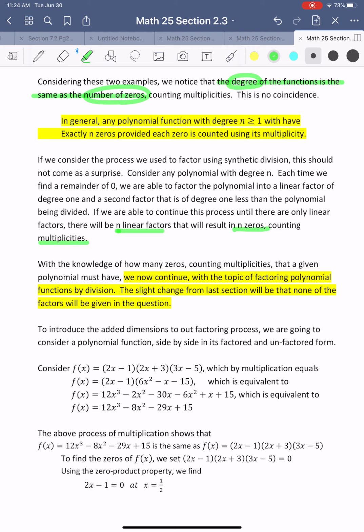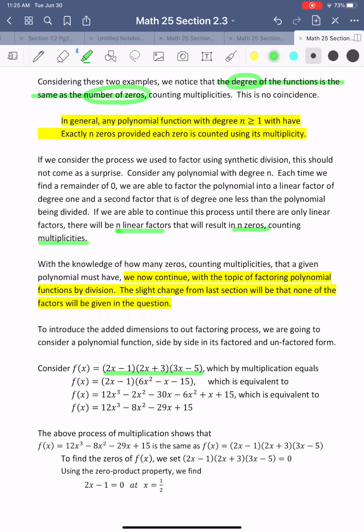The slight change from the last section will be that none of the factors will be given in the questions. So to introduce the added dimension to the factoring process, we are going to consider a polynomial function side by side in its factored and unfactored form. So let's say we have a factored form here.